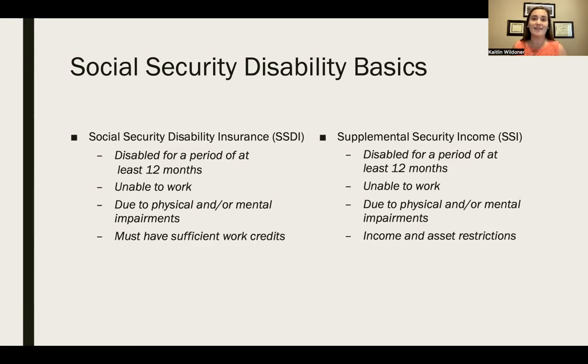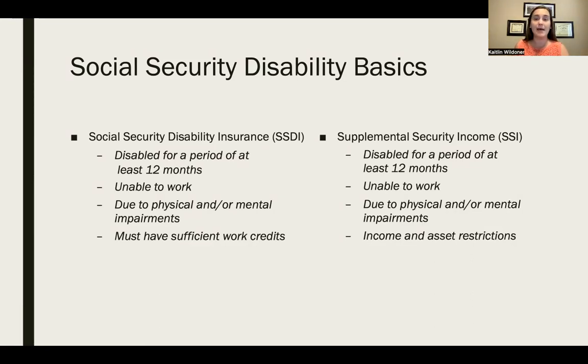Right now, we are seeing delays in reviewing applications anyway, so that's unfortunately inadvertently happening. But that's what I would recommend, especially with SSI: as soon as you realize that you're going to be disabled and unable to work for at least 12 months, go ahead and apply. If it's questionable, if you think you'll be able to go back to work after 8 months, but that depends on the recovery process, go ahead and apply.